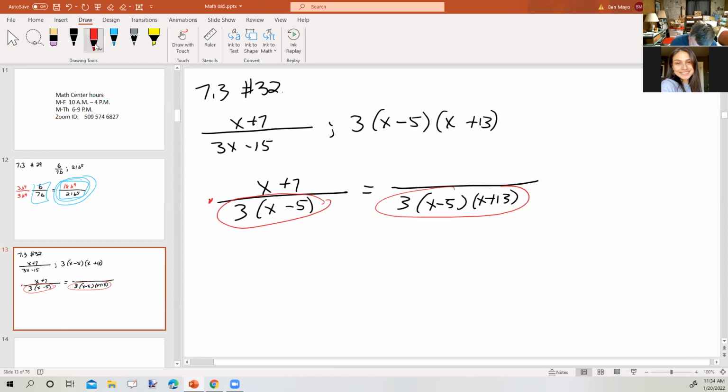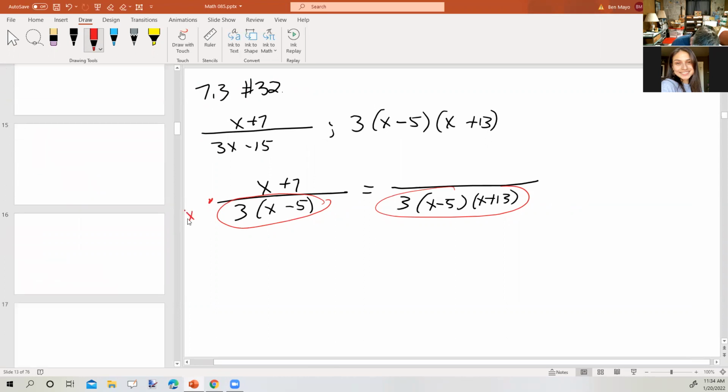Okay, hopefully that's right. So what do I need? I need, well, I've got a 3, I've got an x minus 5, and an x plus 13. So up here I need an x plus 13. So my new numerator is going to be x squared plus 7x plus 13x plus 91.